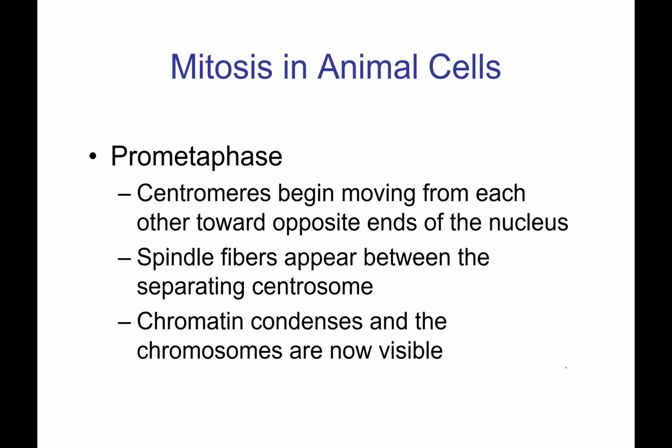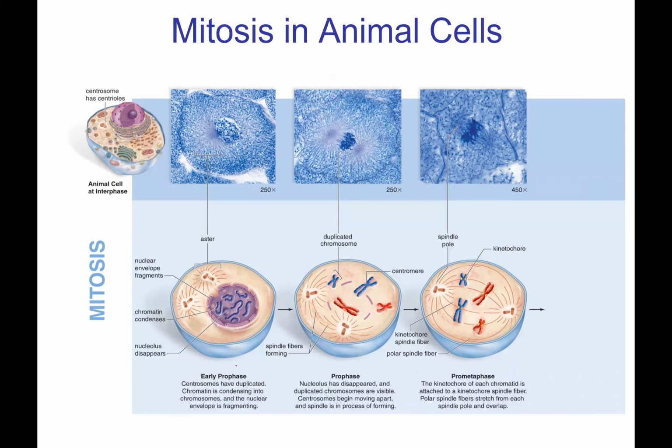You have like this subphase called prometaphase. You don't really need to know about this. This is just an addition to prophase. So right here we have early prophase. Our nuclear membrane is starting to go apart. Still prophase, our chromosomes are starting to form, right?